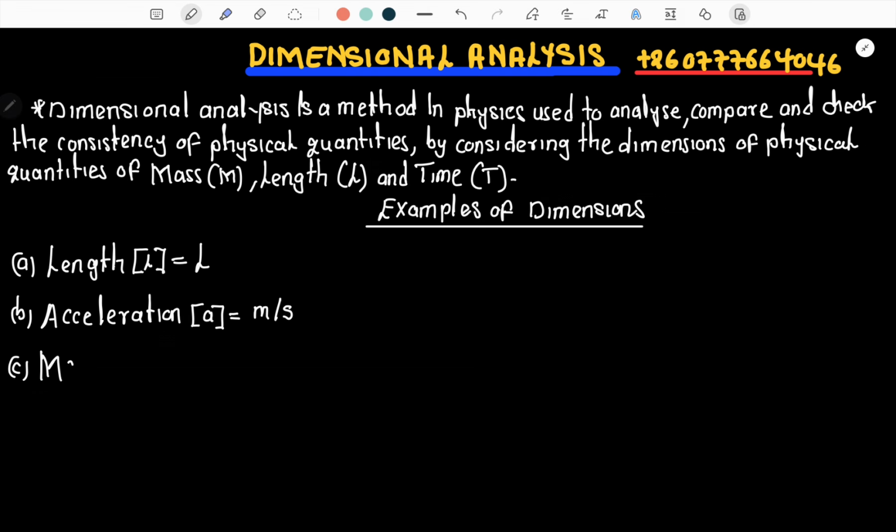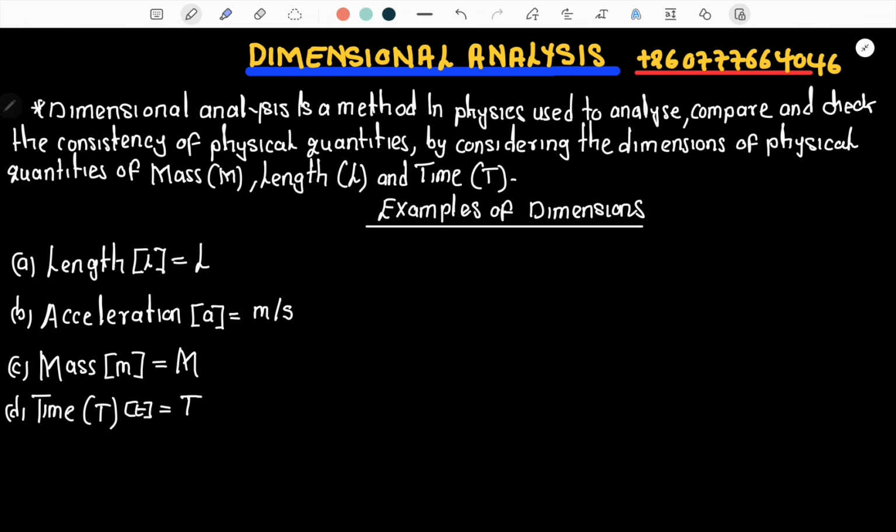If we had mass as a physical quantity, what are its dimensions? The dimensions of mass is simply capital letter M. You are supposed to know the length, the mass, and time or period. How about the dimensions of time, also known as period? The dimensions of time are simply capital letter T for the period.